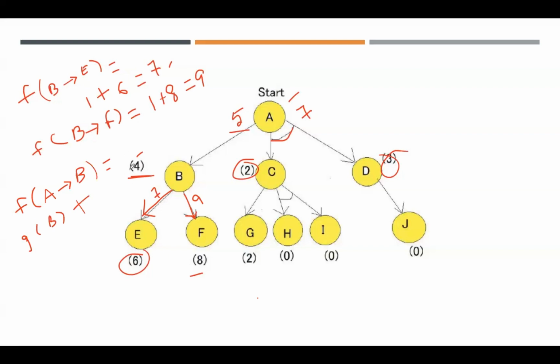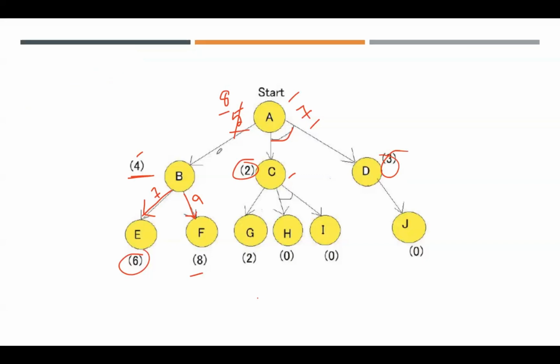Earlier it was 4 and now the updated heuristic will be 7. So this is 1 plus 7, which gives you 8. So now the value associated with the path A to B is changed to 8.